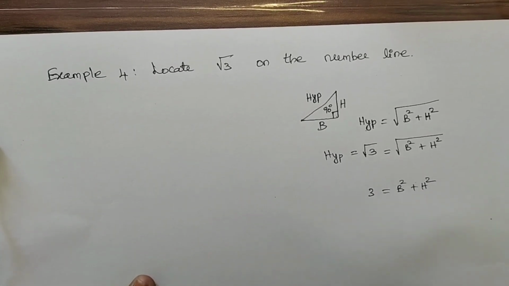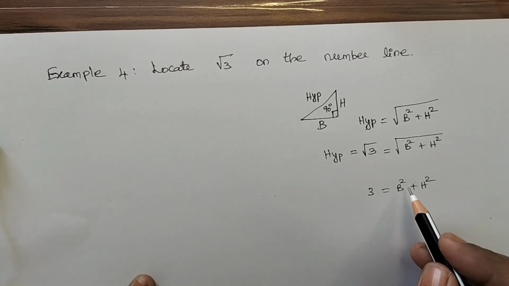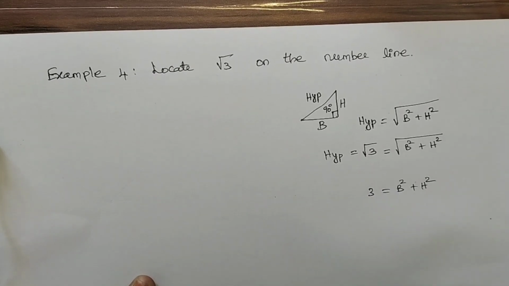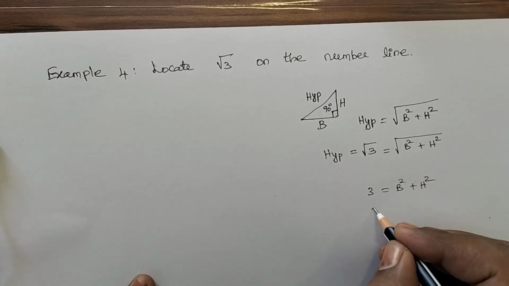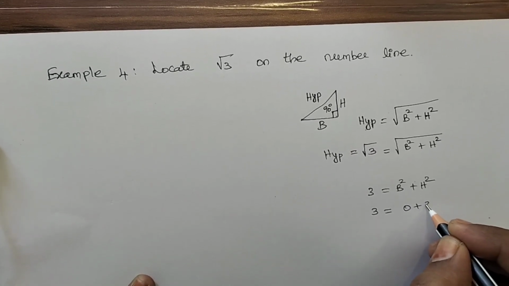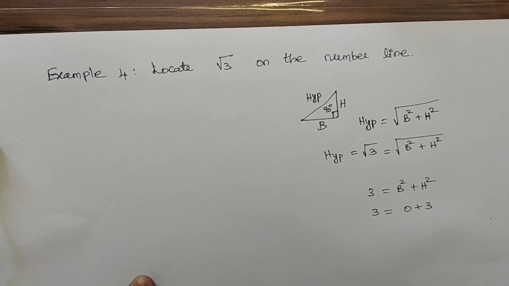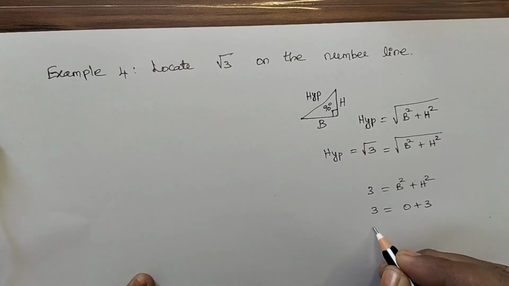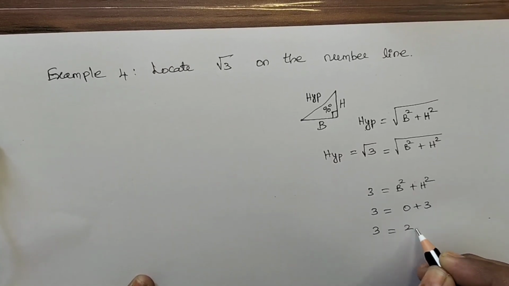In an easier manner, first don't consider the squares. How can I write 3? I can write 3 as 0 plus 3 or 3 plus 0, or I can write 3 as 2 plus 1.